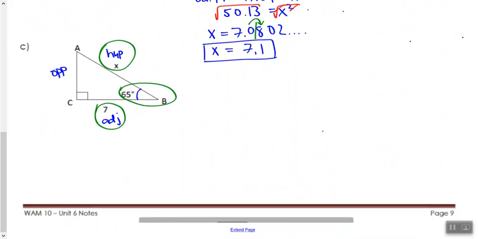So cos, writing it out, cos of my angle, so cos of B equals adjacent divided by my hypotenuse. Substituting in, cos of 65 degrees equals adjacent, which is 7, divided by my hypotenuse, which is x.